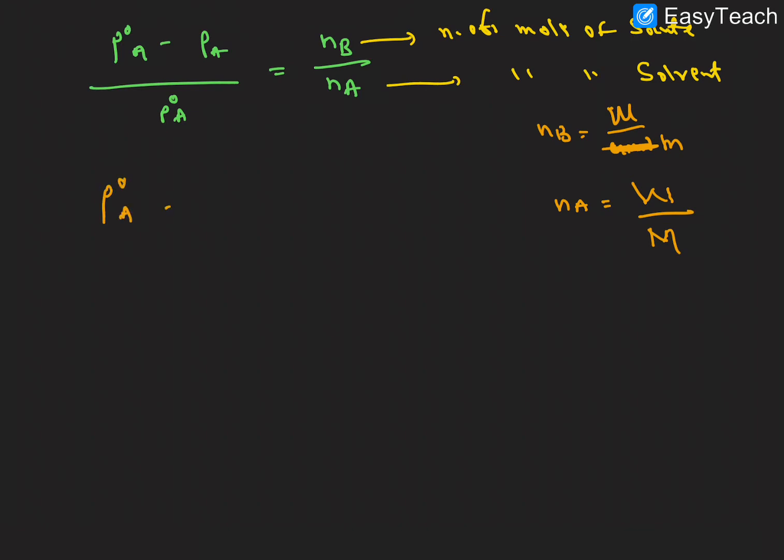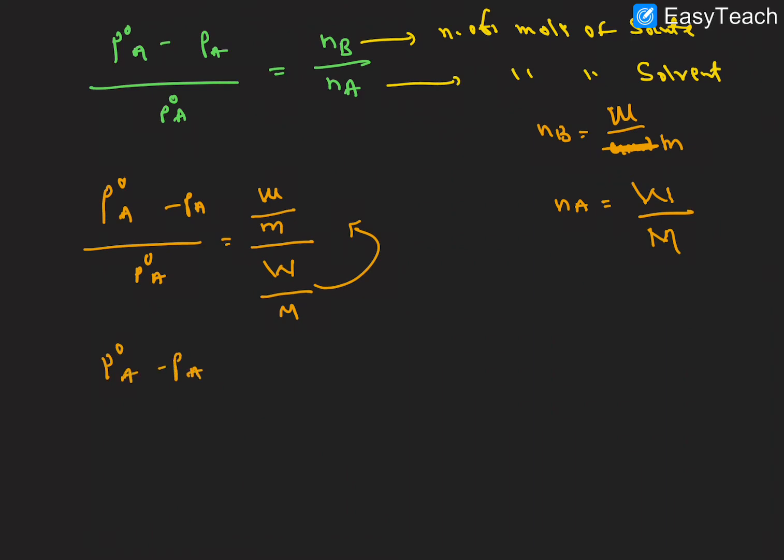We can write here, P naught A minus PA by P naught A equal to small w by small m divided by capital W by capital M. This is becoming inverse. So P naught A minus PA by P naught A equal to weight by gram molecular weight, molar mass, into molecular weight by weight of solvent.